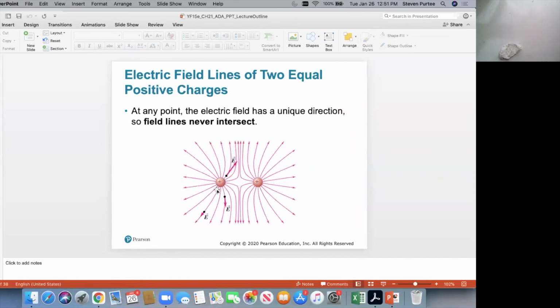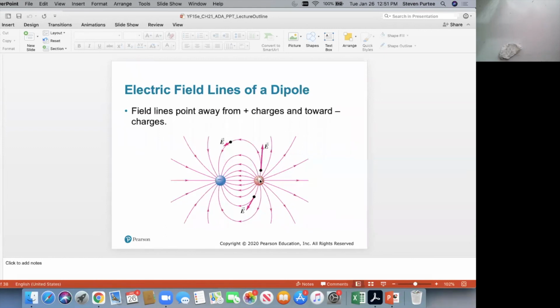Electric field lines never cross, and they flow out of positive charges back into negative charges. Look at these field lines flowing out of positive charges into negative charges. We call positive charges sources of the electric field and negative charges sinks. So you could literally think of this like water flowing. In fact, almost all of E&M was developed in terms of fluid dynamics.